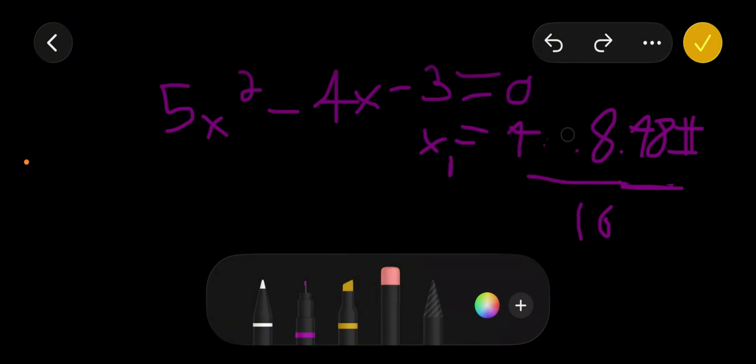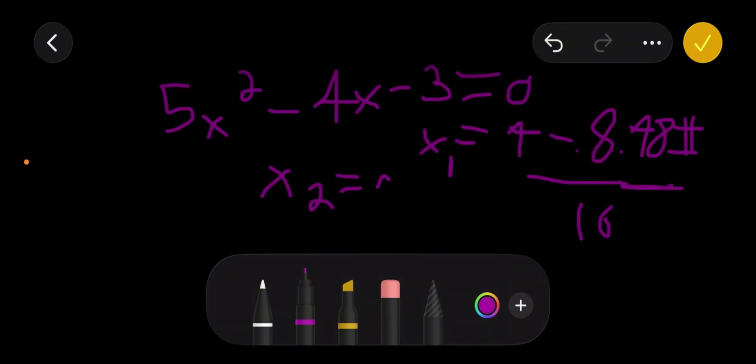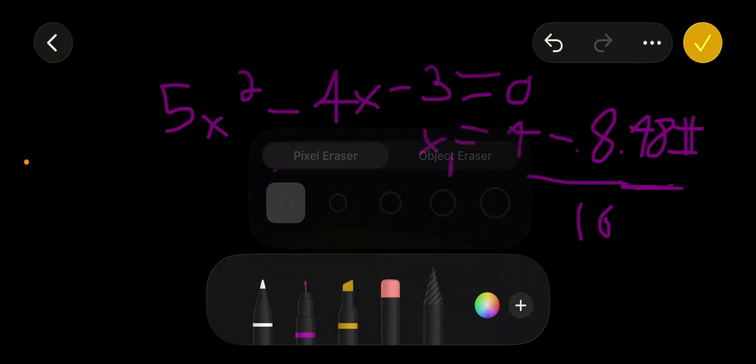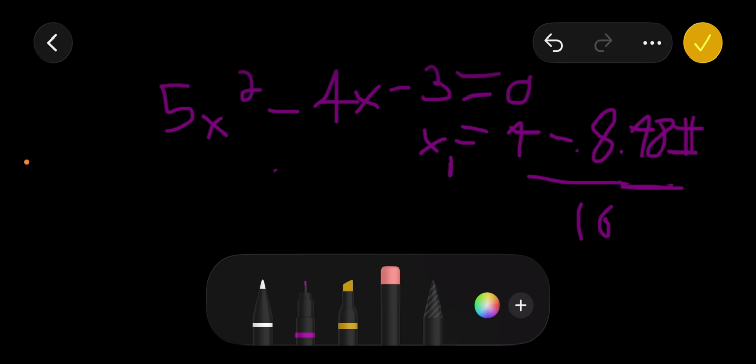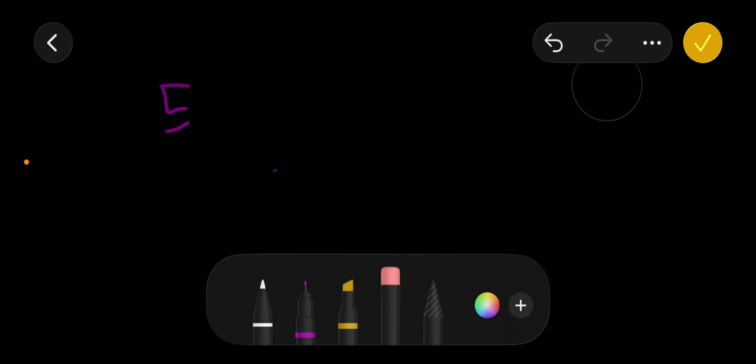So let's rewrite this with a minus and then a plus. That's one solution: 4 minus 8.48 divided by 10. So guys, that's basically what it is. Let's go through one more example and then we'll wrap it up for the day.